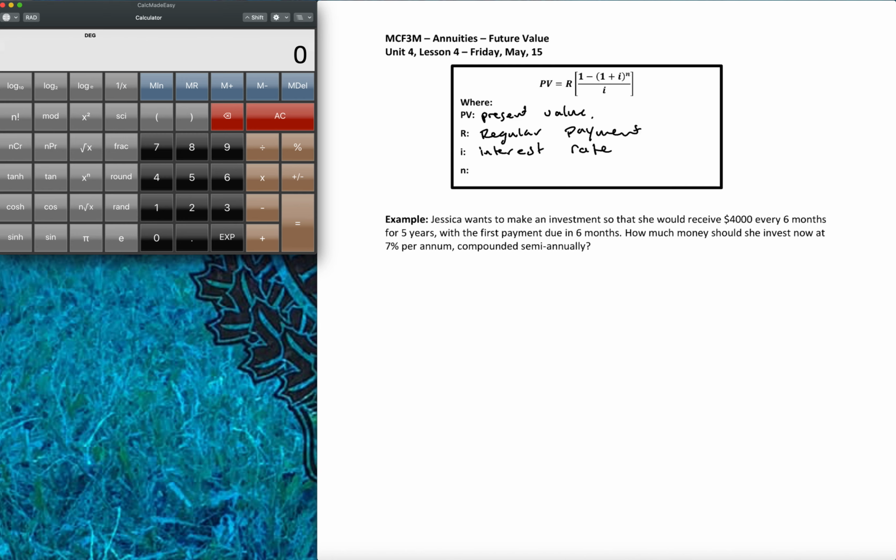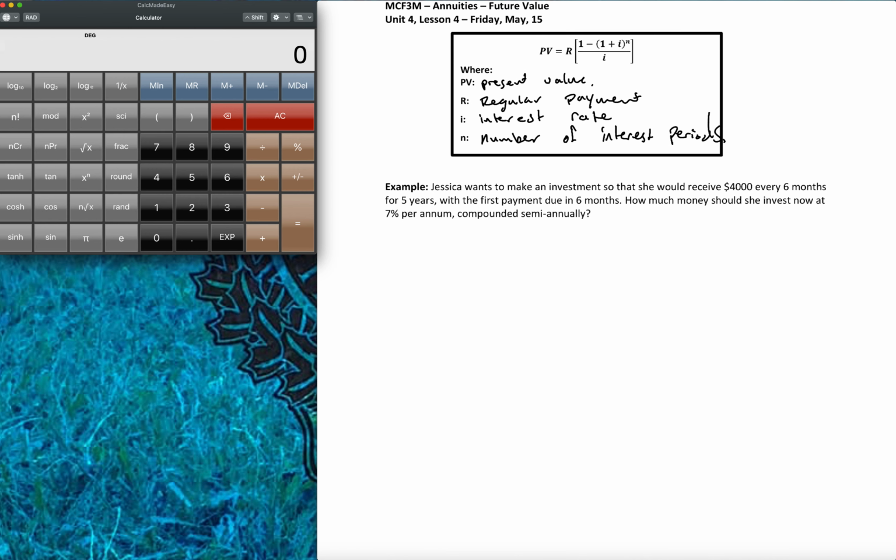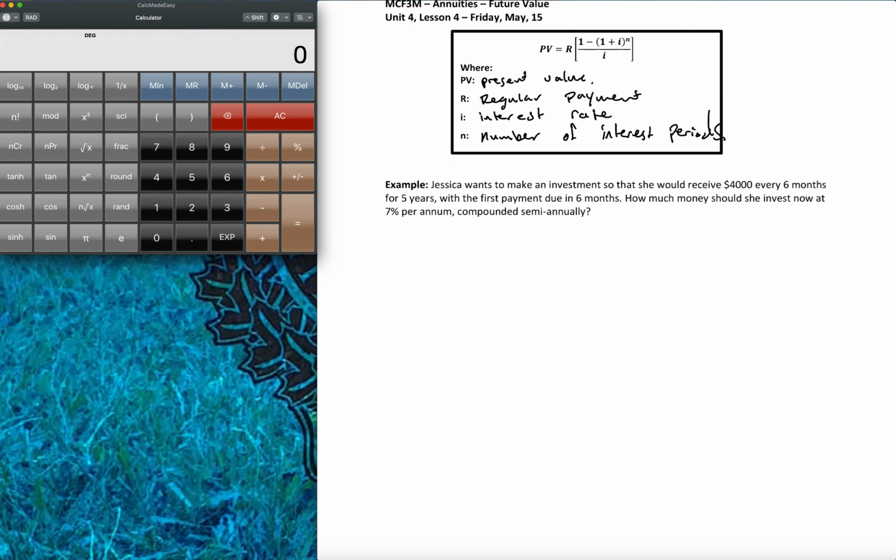And N is the total number of interest periods. So let's take a look. Again, we're going to use this equation, obviously, because it's underneath this question. I'm going to show you how to use it, so we're going to write it down.